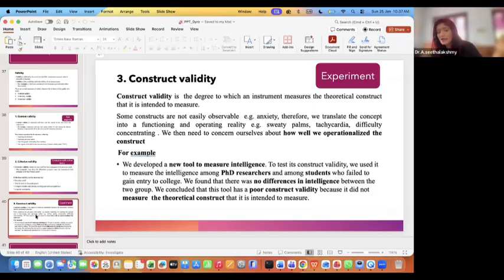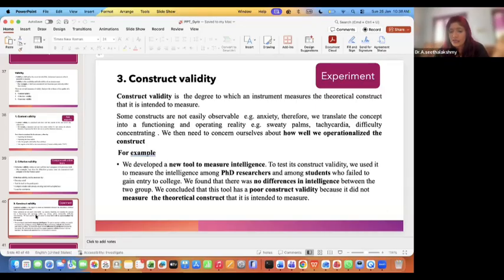For example, take intelligence: we have developed a new tool and use it to measure the intelligence of PhD researchers who have got admission to PhD. We also took the intelligence of students who were unable to get PhD admission.